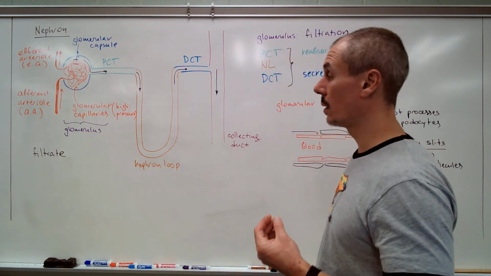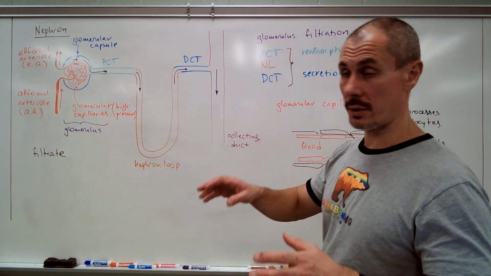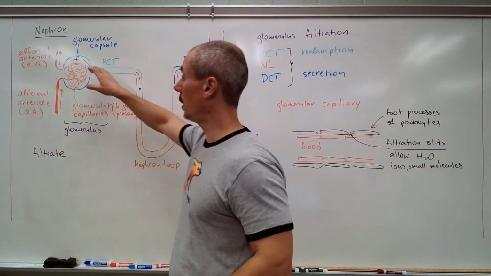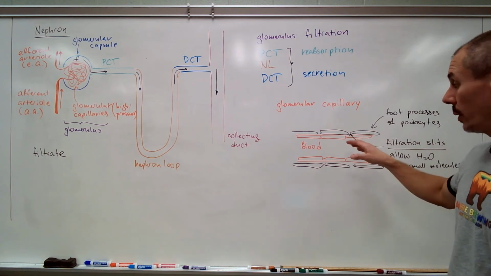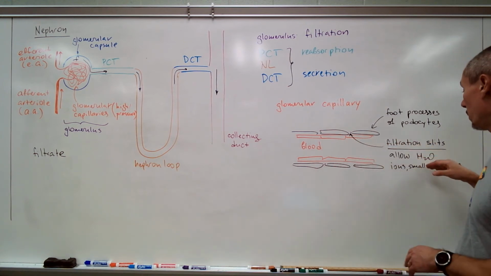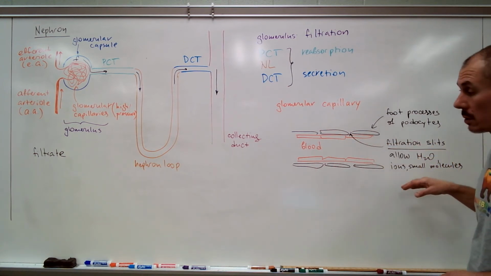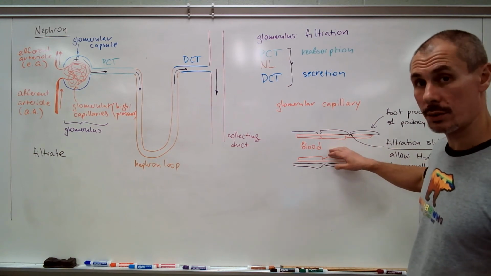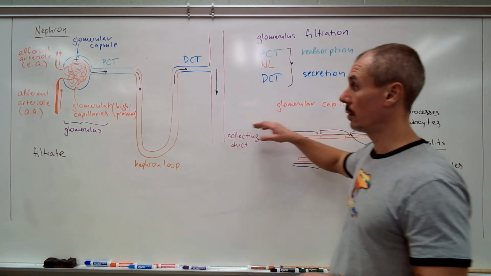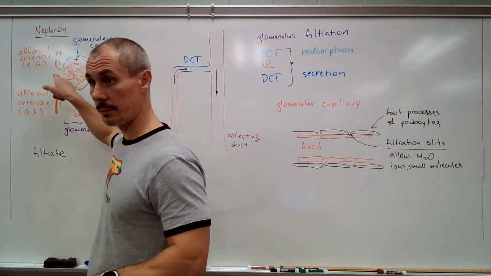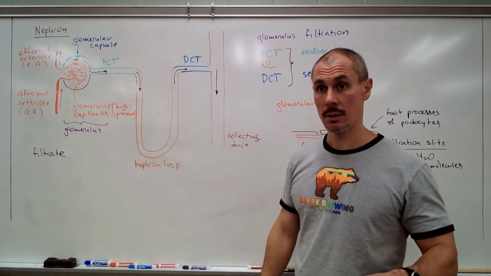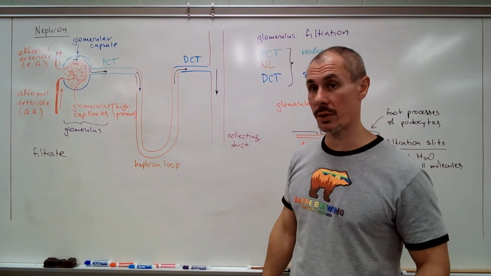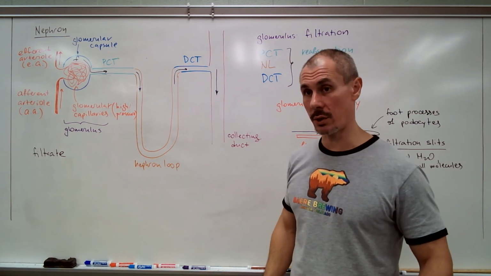That makes sense? So, essentially, what happens in the capsule is the fluid, ions, and small molecules are filtered out of the blood into the glomerular capsule. It's like you walking into your closet and you throw away 99% of all clothing that you have.